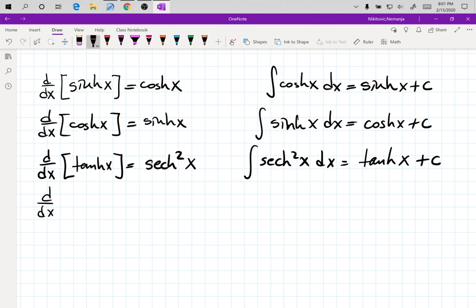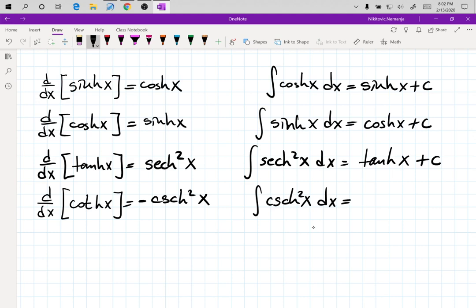The derivative of cotangent hyperbolic x is going to be negative cosecant hyperbolic squared x. Integral of cosecant hyperbolic squared x dx is negative cotangent hyperbolic x plus c.